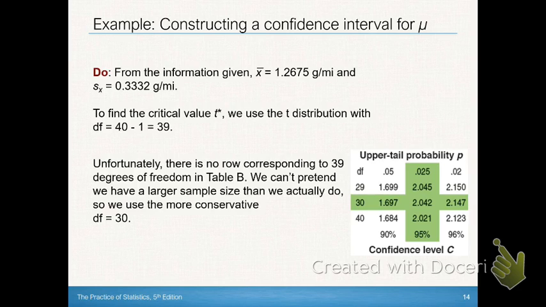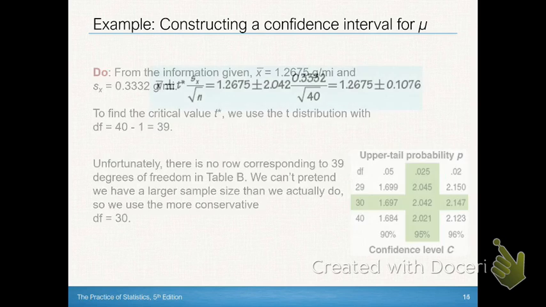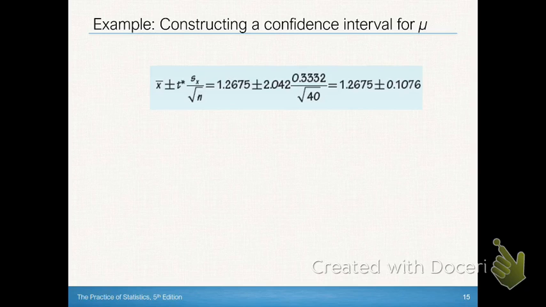We're going to go over to our table, and there is no 39 on table B. So we have to round down, and the next smallest number would be 30. So we're going to use the row for 30, and the column, if you look across the bottom, we're doing a 95% confidence interval. And those two rows and columns meet at 2.042. So that is our critical t value.